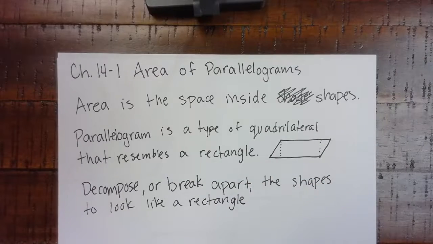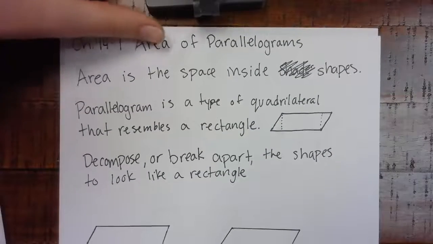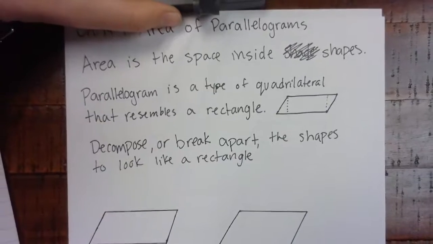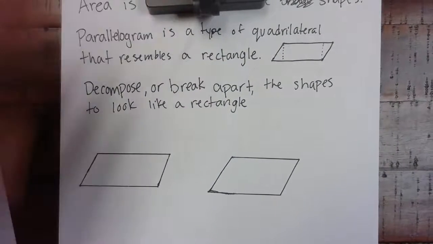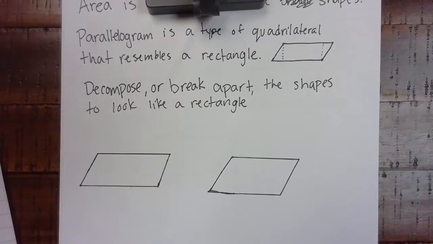Alright, so with that, scroll down to some of my parallelograms down here. They're not perfect by any means, but they're going to have to work for today. So, let's look at our first parallelogram over here.